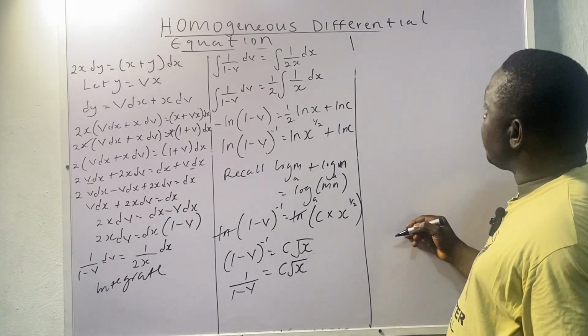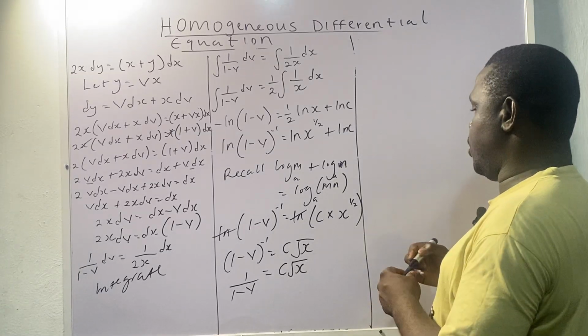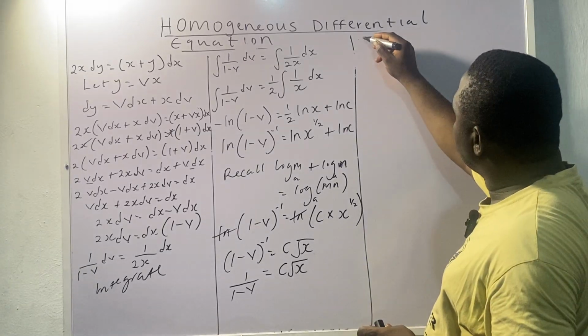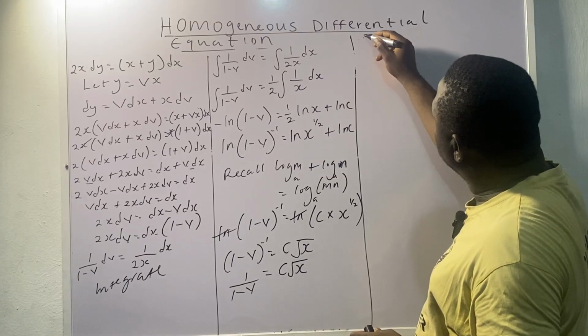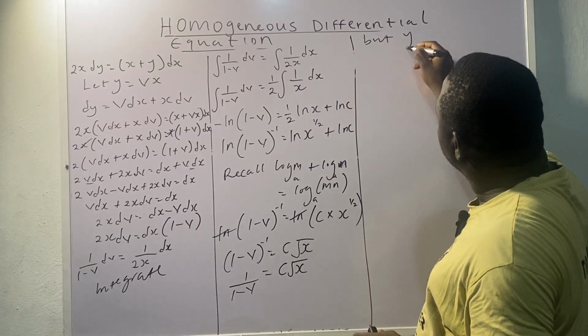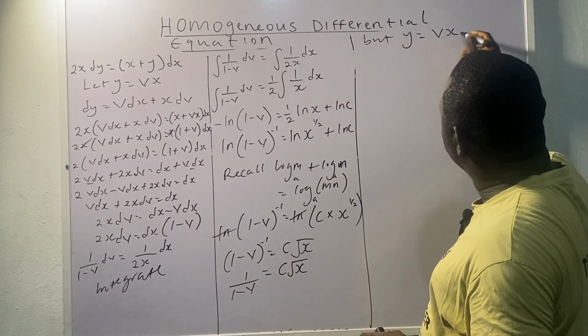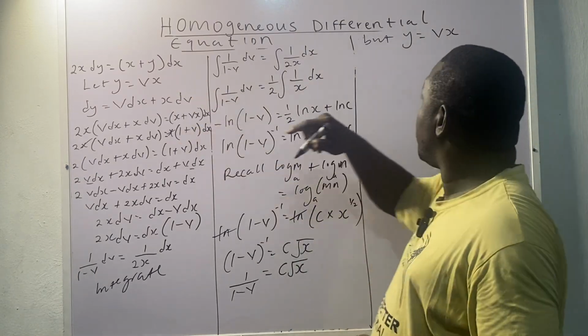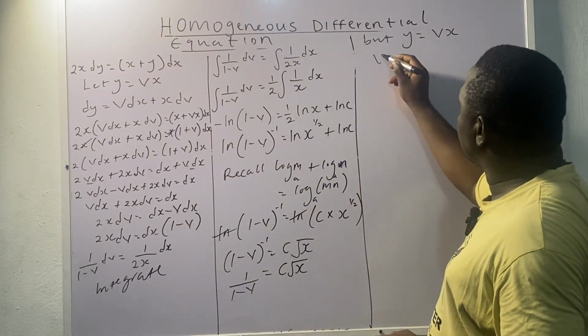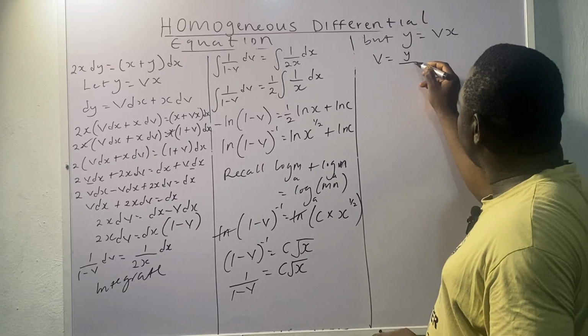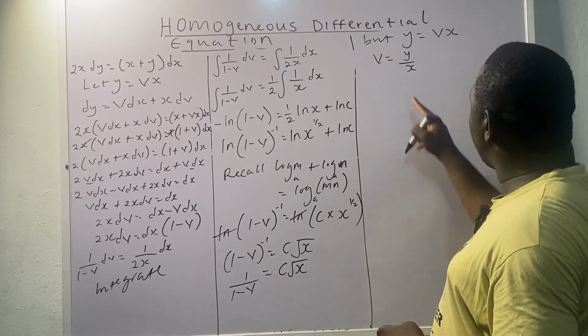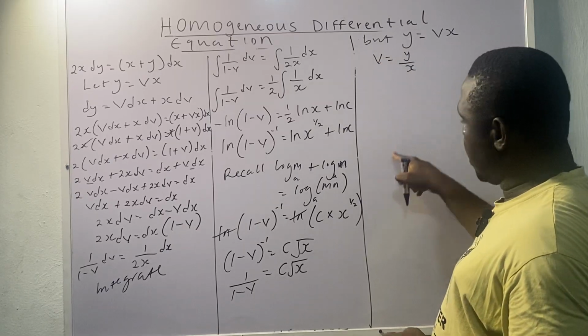And when we have this, what's the next thing to do now? But y is equals to vx from the beginning. So I can find an expression for v. So this becomes this. So anywhere I see v, I put y over x.